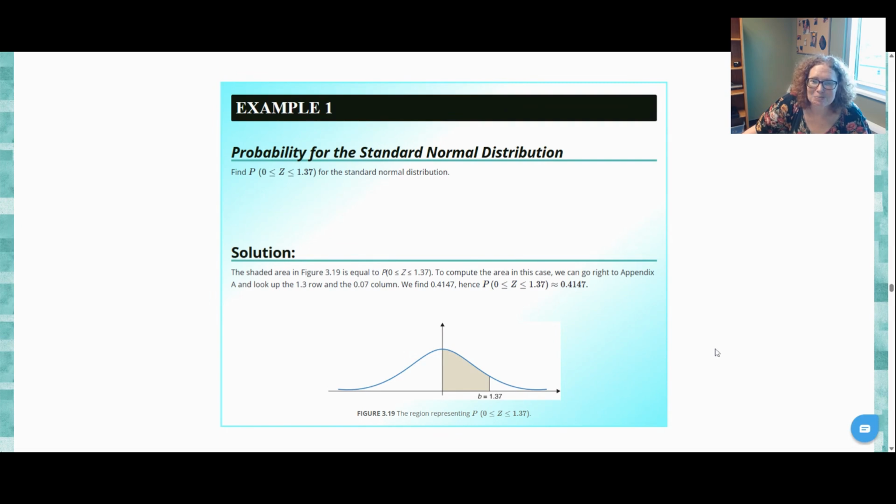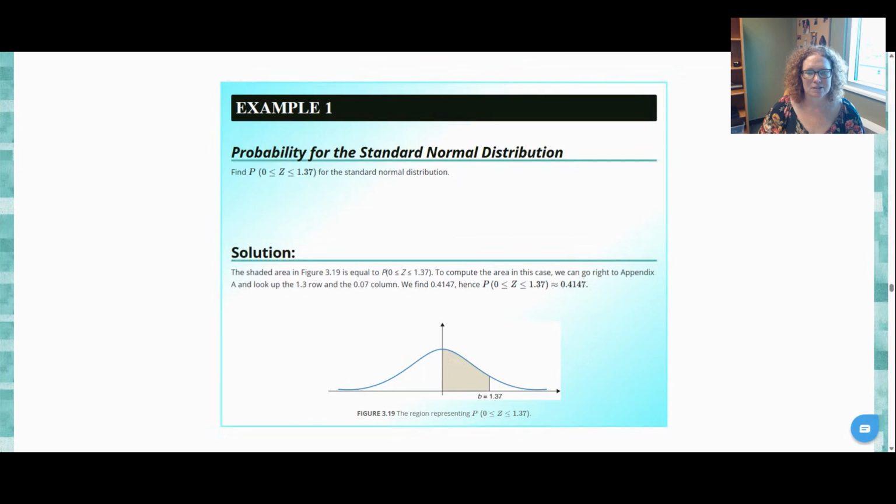A good thing to do is to draw it and say, okay, what does that look like? So that's what that looks like. Okay, so if I look at that, how am I going to figure out what that is?